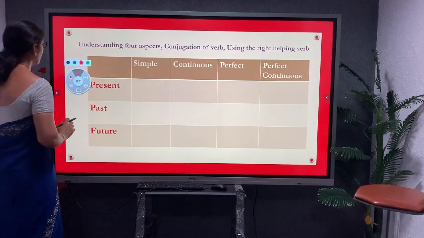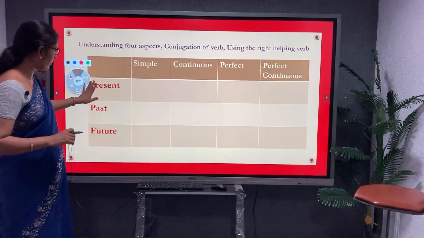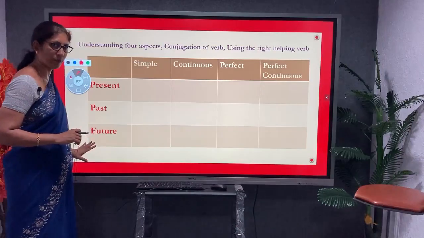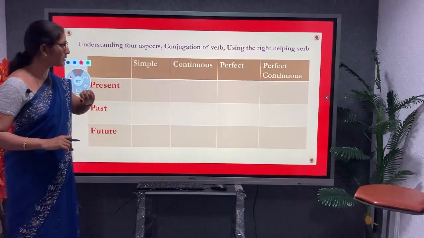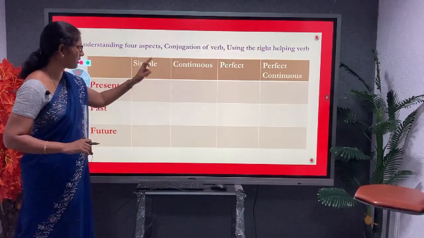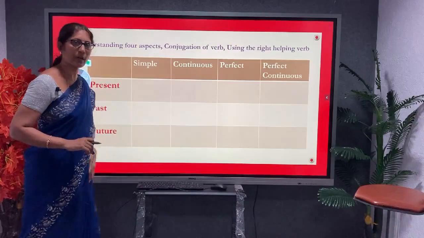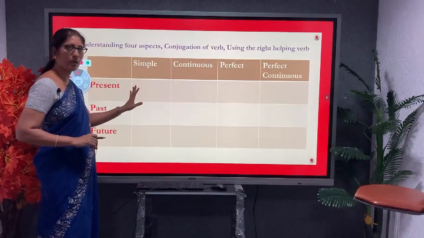okay, right. So we know that we have present tense, past tense, future tense, and every tense has 4 aspects: simple present, present continuous, present perfect, present perfect continuous. So what is simple?